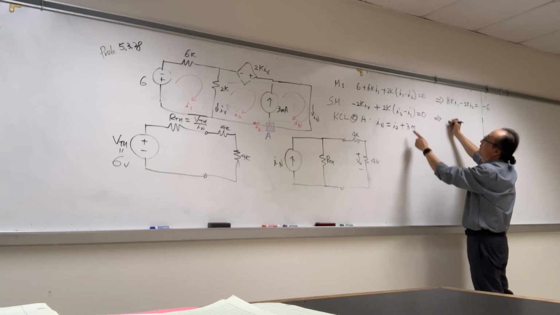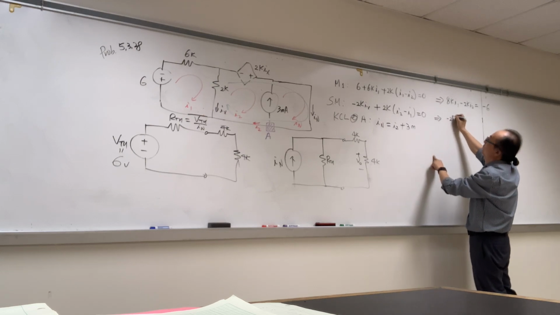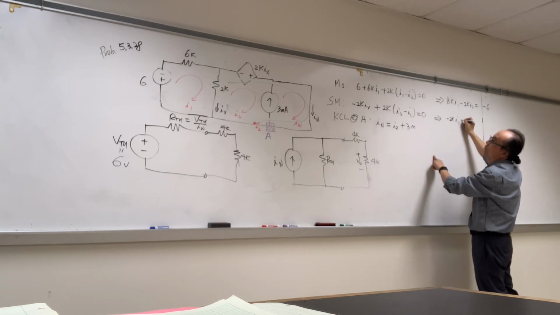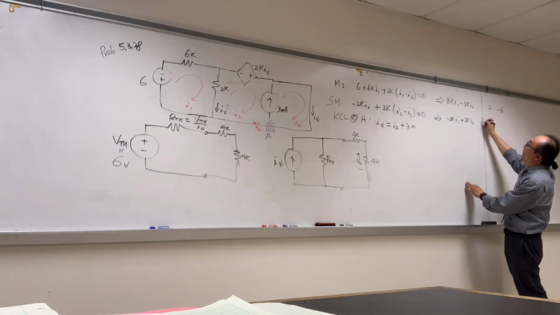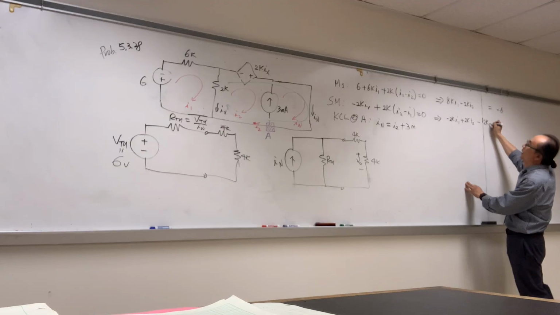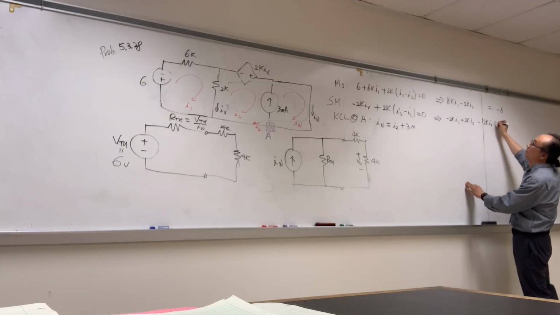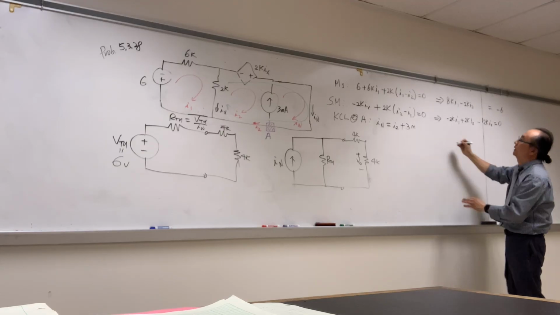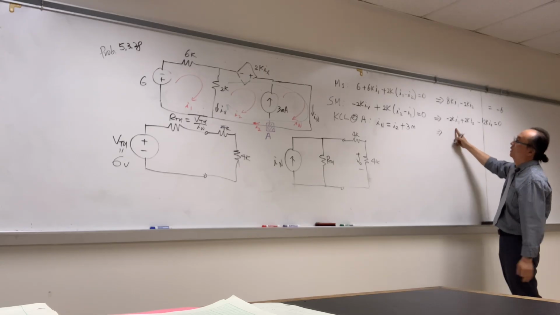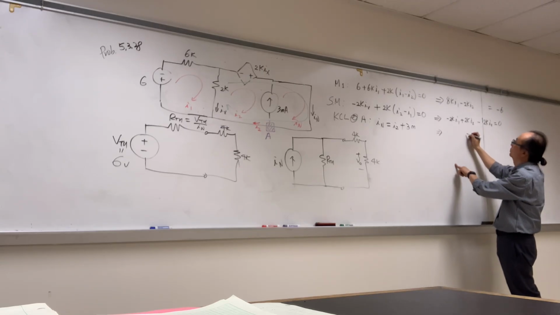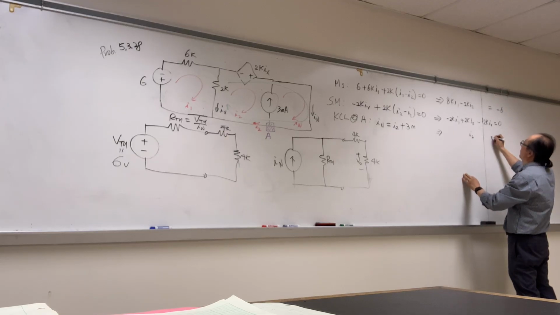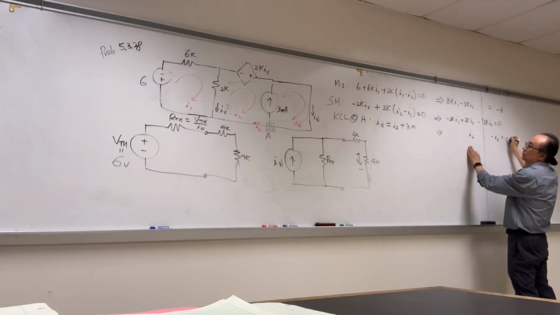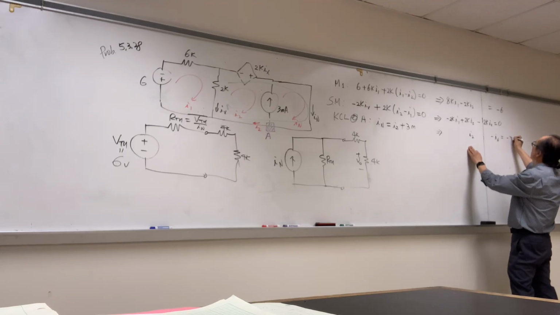From here, negative 2K I sub 1 plus 2K I sub 2 minus 2K I sub x equals 0. And from here, we have one more equation needed, the 3 milli.